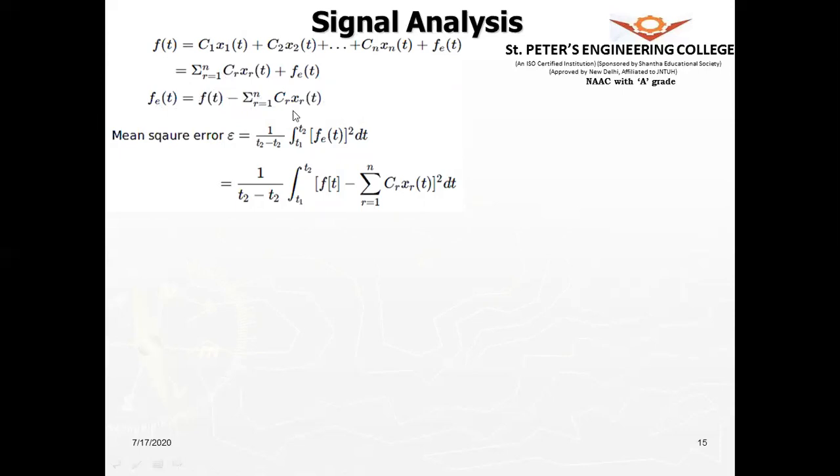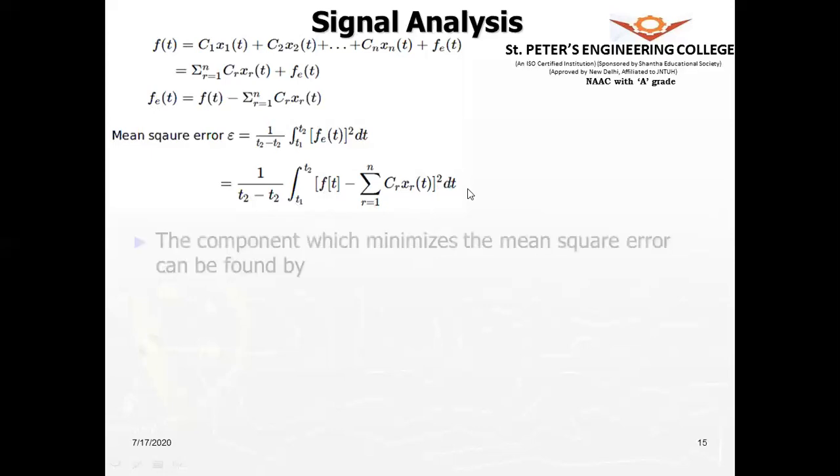And we can compute the mean square error by taking the mean and square of this error function. Which is given by 1 by t2 minus t1, integral t1 to t2 of f of t minus sigma r equals 1 to n cr xr of t, this whole square dt.